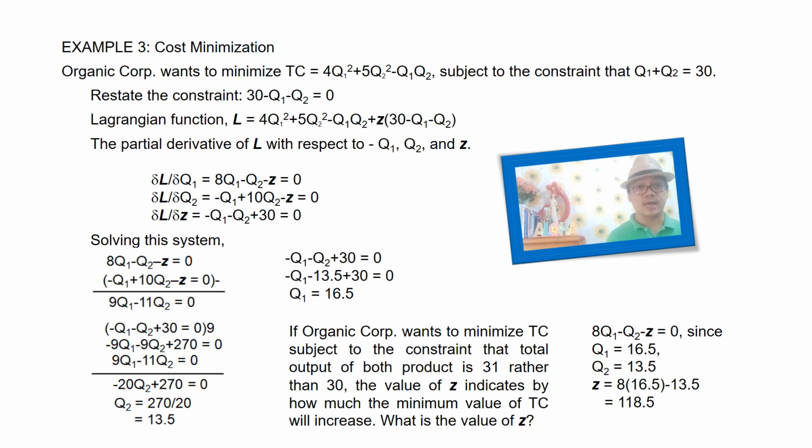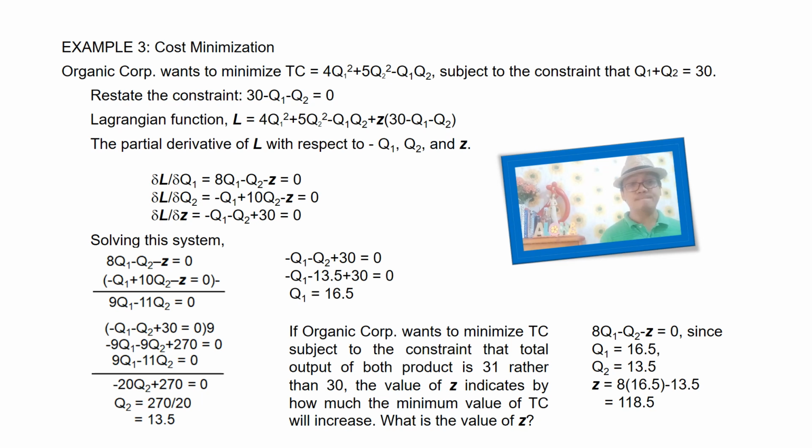We find that q1 is equal to 16.5 and q2 equals 13.5. Therefore, the optimal value of q2 is 13.5 and q1 is 16.5.